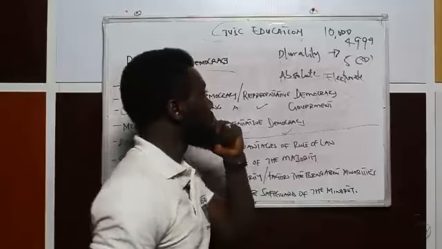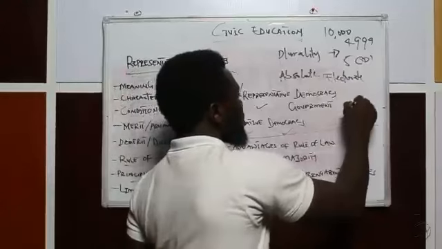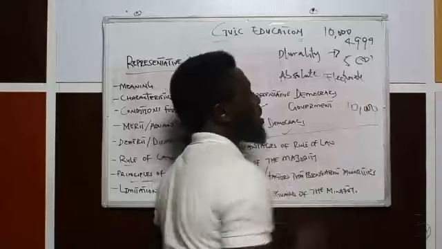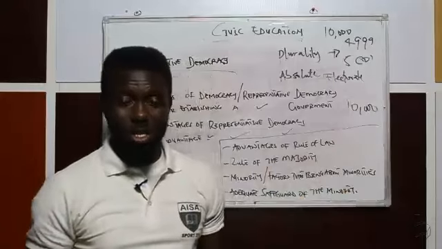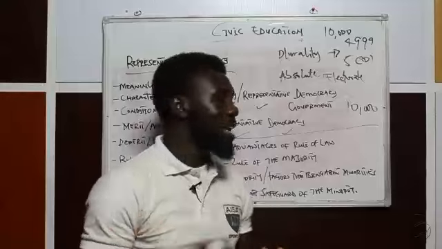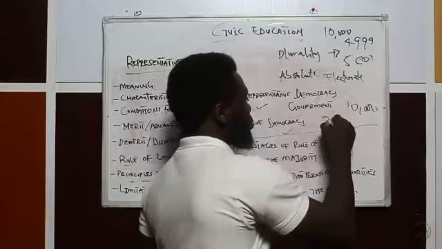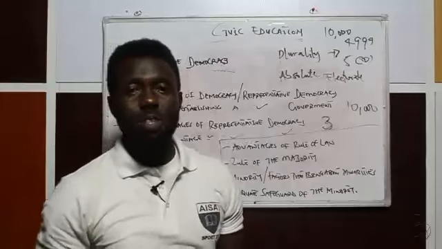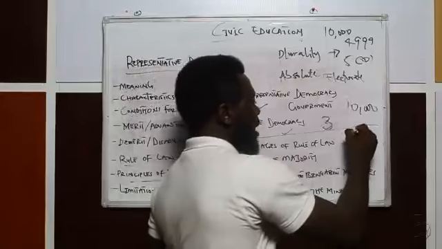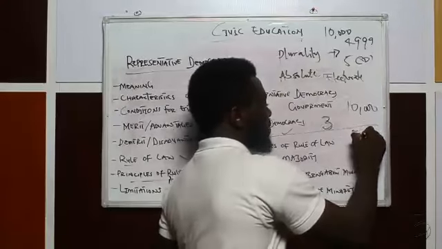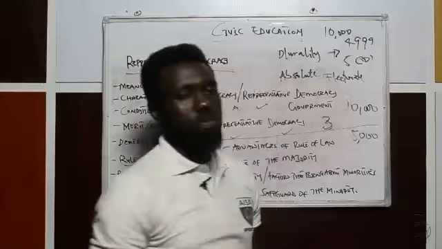So let's assume you have 10,000 voters. Let's say you have 3 candidates. Whoever is going to win the election must have more than 5,000 votes.